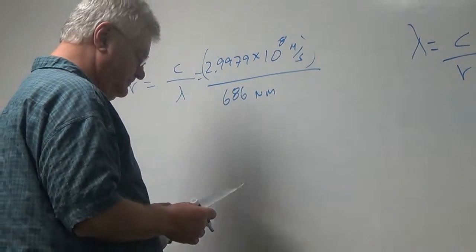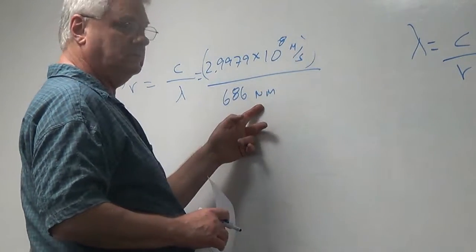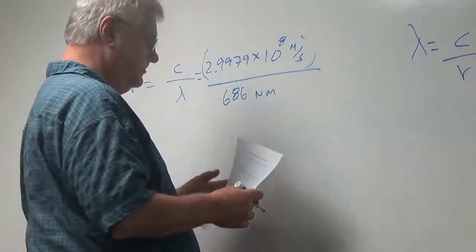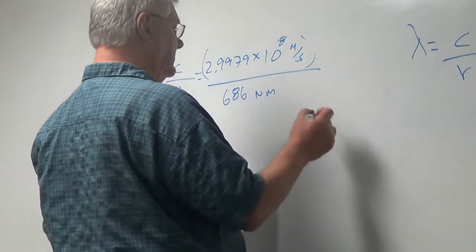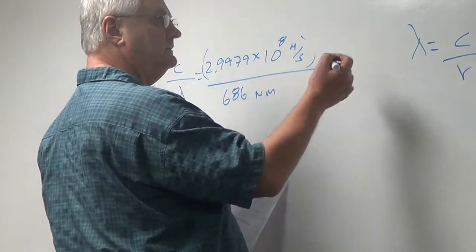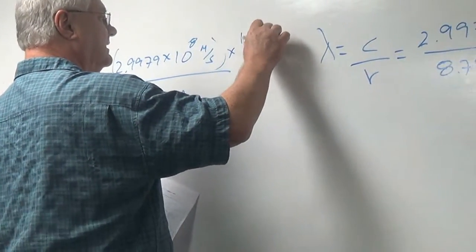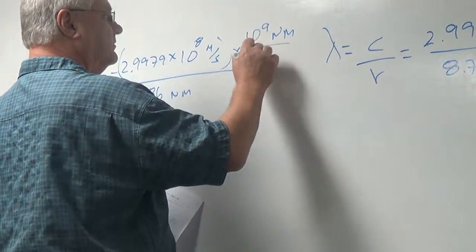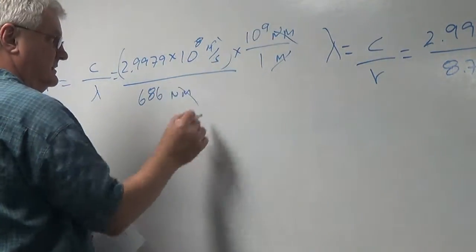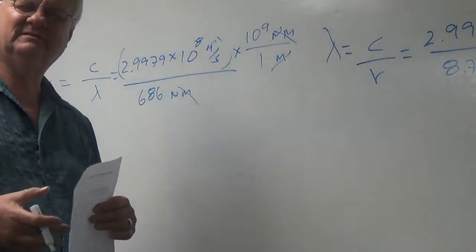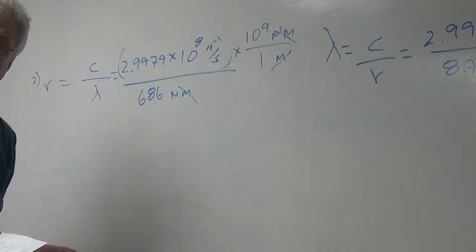And then we can either convert the meters to nanometers up here, or we can convert the nanometers to meters down here. If we do it up here, let's just go ahead and use the factor we had before: 10 to the 9th nanometers over 1 meter will enable us to cancel the meters here. And then the nanometers can cancel. You've got to be conscientious of units. Or if you wanted, you can convert nanometers to meters before you even do the problem.